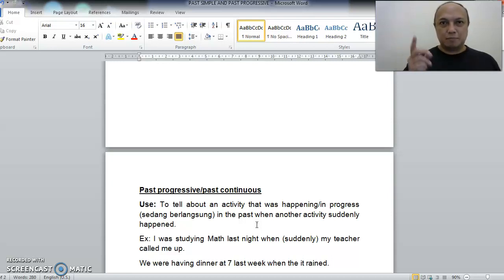So again, in past progressive or past continuous, usually we talk about two different activities. One activity was still going on, sedang berlangsung, when suddenly another activity happened. But both activities happened in the past. That's the essence of past progressive or past continuous.